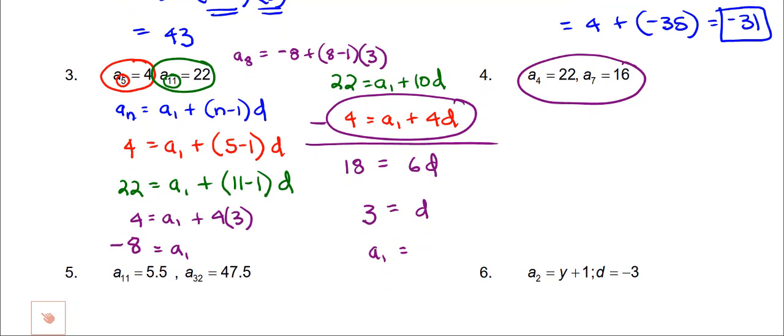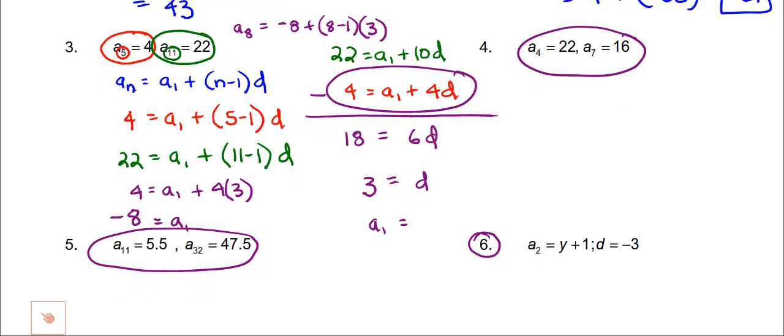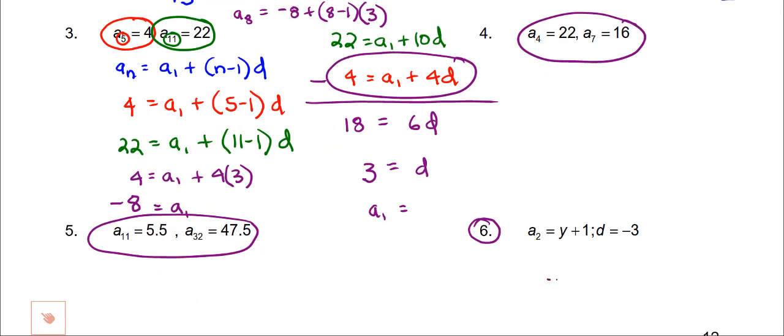And so do you see all of these are like that? They're going to give you 2 terms, but they're not the first term. But you can come up with a green equation and a red equation. And then 6, let's do that real quick. Who is that?